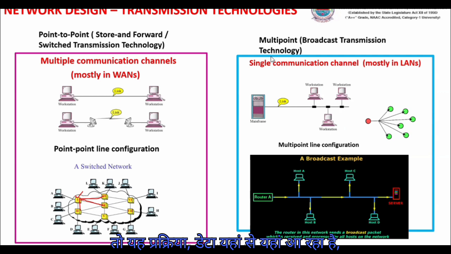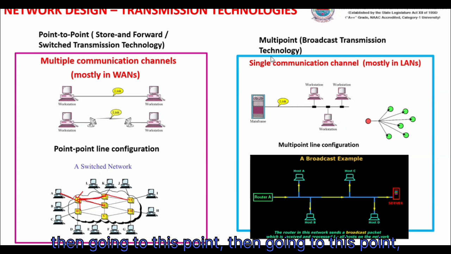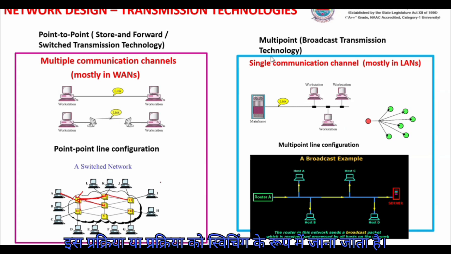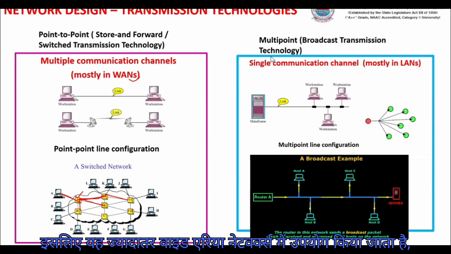We will be talking about this term more than once later on also. The data coming from here to here, then going to this point, then to this point, this procedure is known as switching, so it is also known as switched transmission technology.